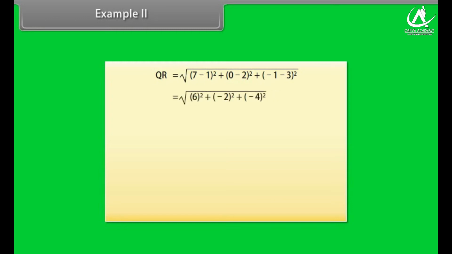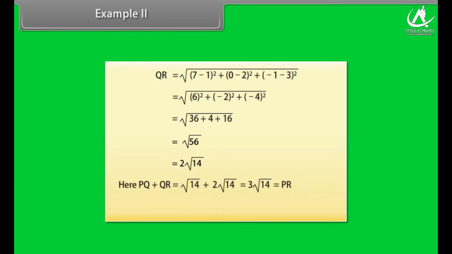After calculating QR, we get 2 into square root of 14. Here, PQ plus QR is equal to square root 14 plus 2 into square root 14, which is equal to 3 into square root 14, which is equal to PR. Hence, the points (-2, 3, 5), (1, 2, 3) and (7, 0, -1) are collinear.